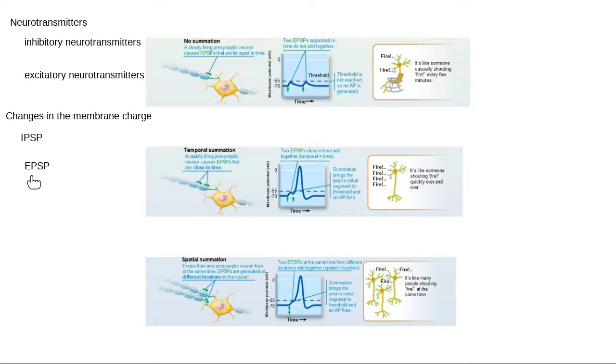Okay. And Christina's question is 100% correct. Yes, the process of summation only happens until I get to threshold. So the goal of summation is to get my membrane charge to threshold, to get me high enough to be able to talk to a neighbor.